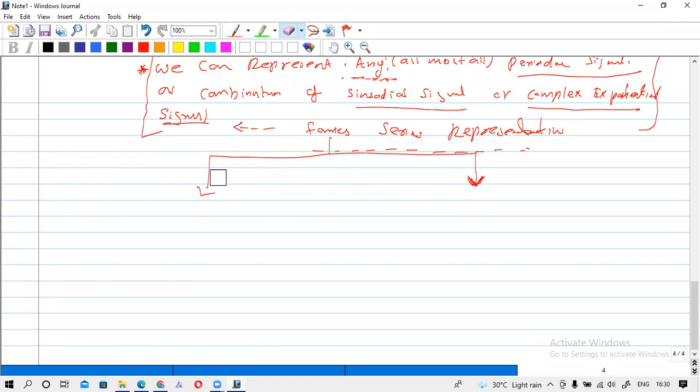If you are going to represent a signal as a Fourier series, how many representations will you have? The answer is on this page. Tell me the answer.